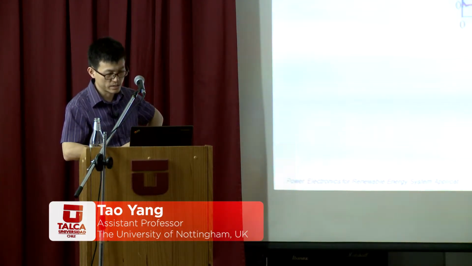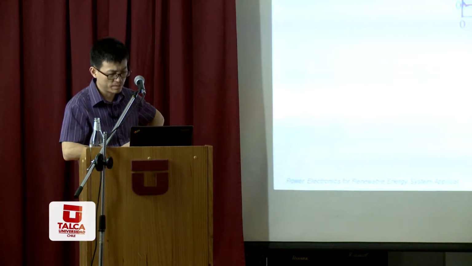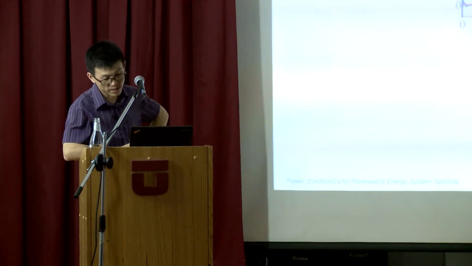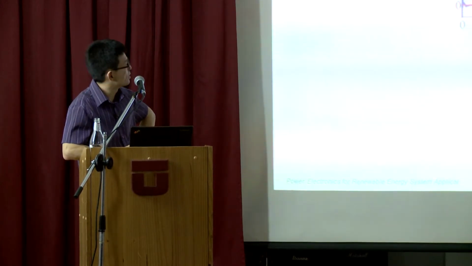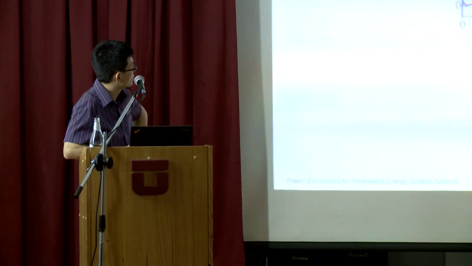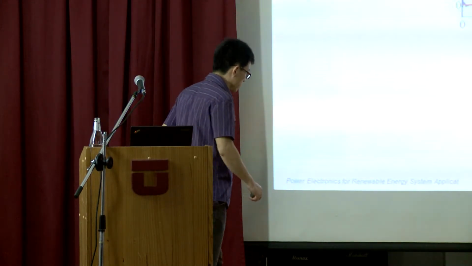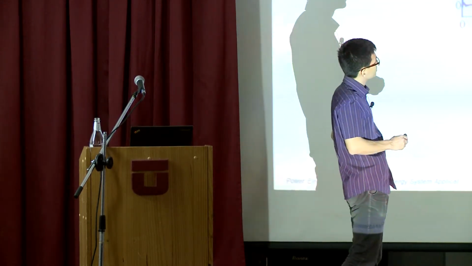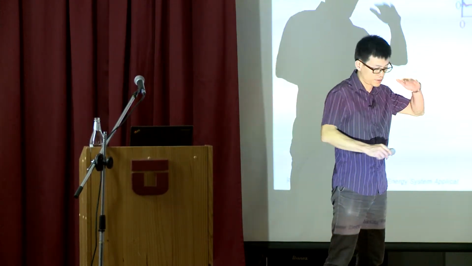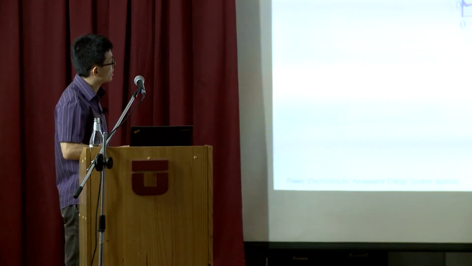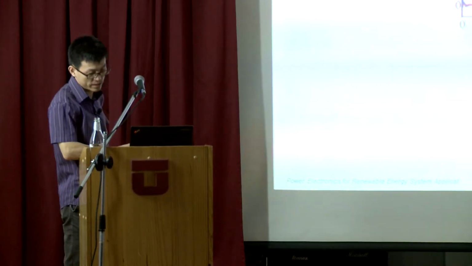Here are some results from the simulation study. In the system, this is only one generation system, so only one converter is working, one generator is working. You keep increasing the load power, and at this point I connect the second generation system.